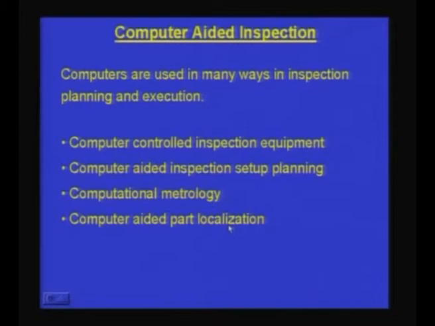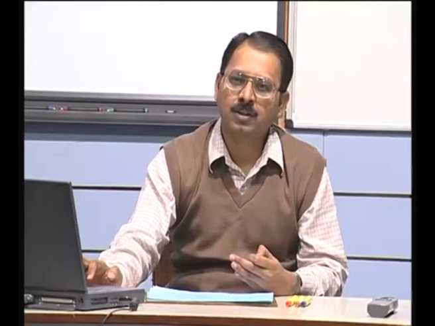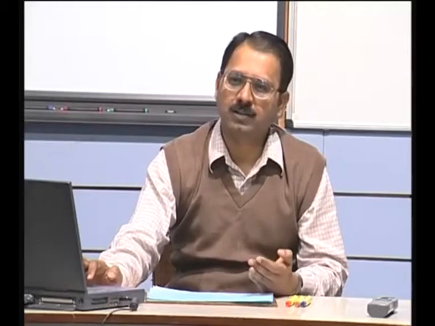There are also situations where computers are used for part localization. Now, when I say part localization, in all manufacturing and inspection scenarios, what you are trying to assess is whether the manufactured geometry and form meets the requirements.